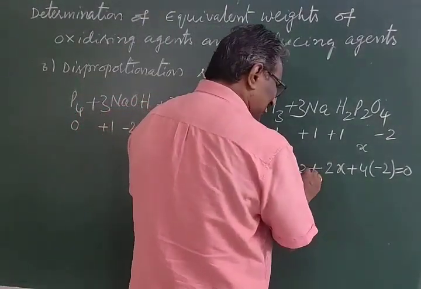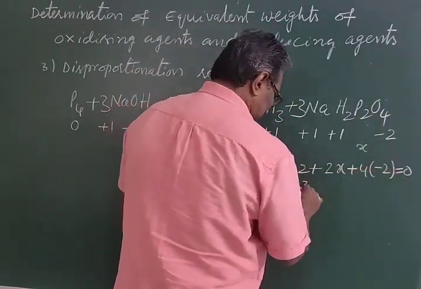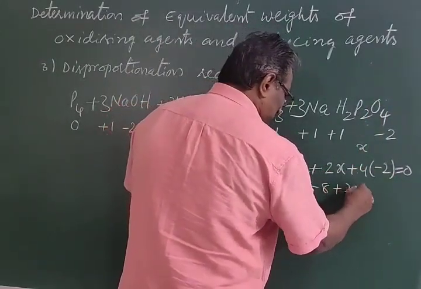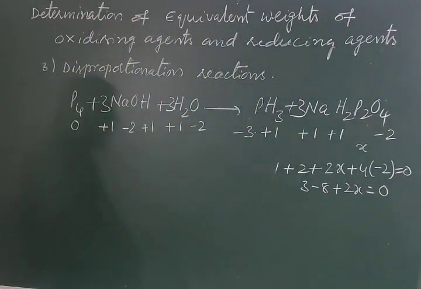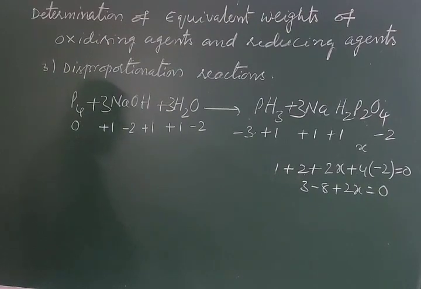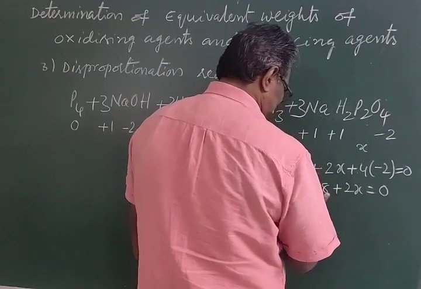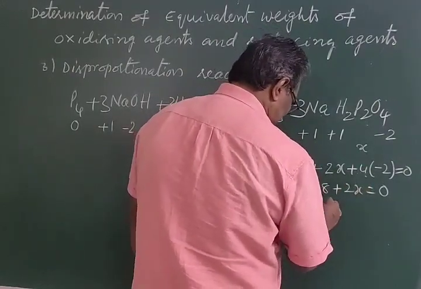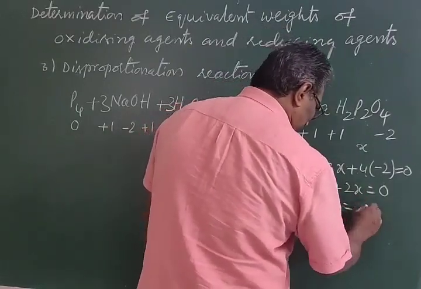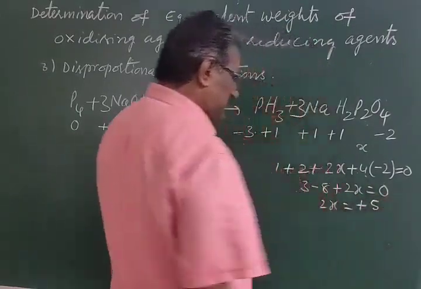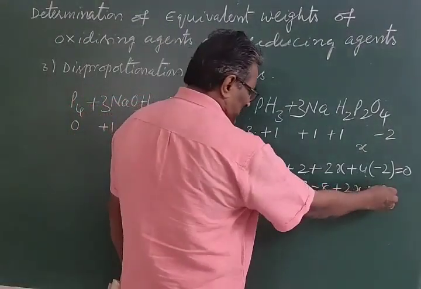Now 3 minus 8 is minus 5. Okay? So minus 5 plus 2x is equal to 0.